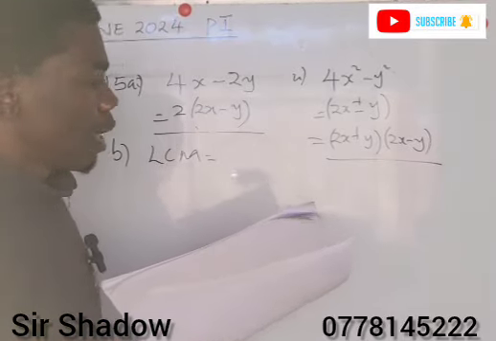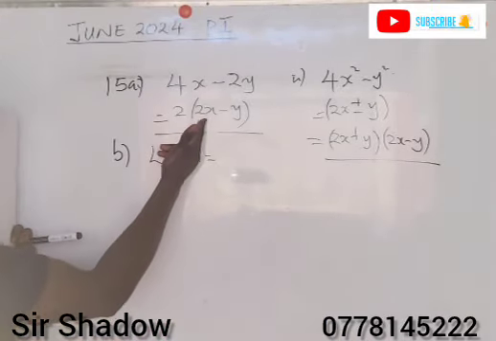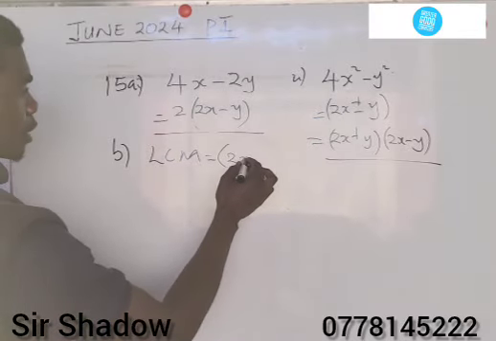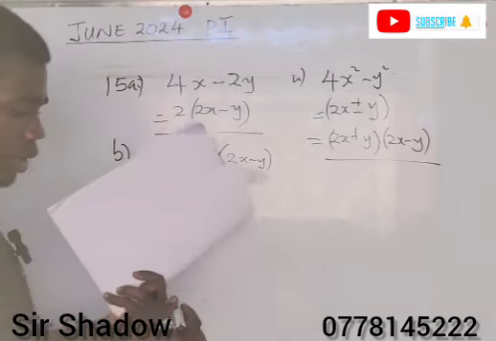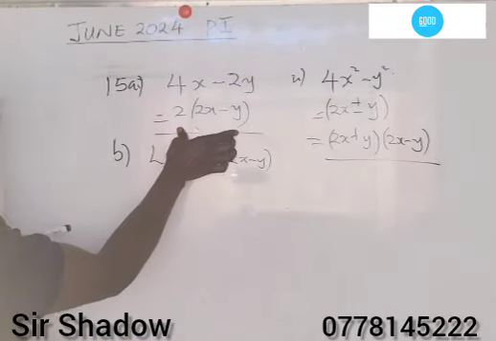Let's first check what is common. 2x minus y is common. But the lowest common multiple is an expression that both expressions can enter into.